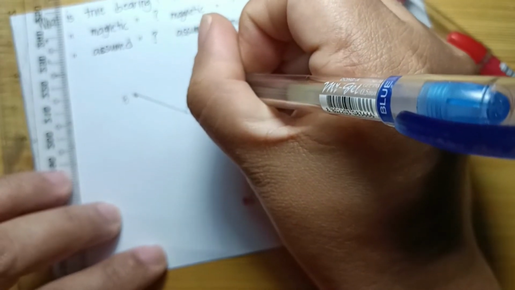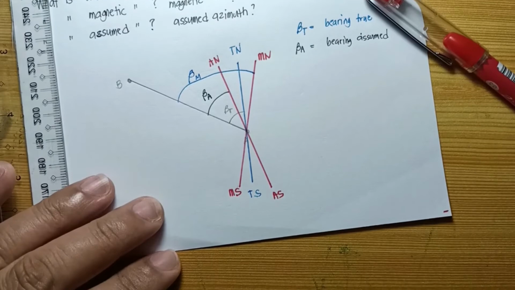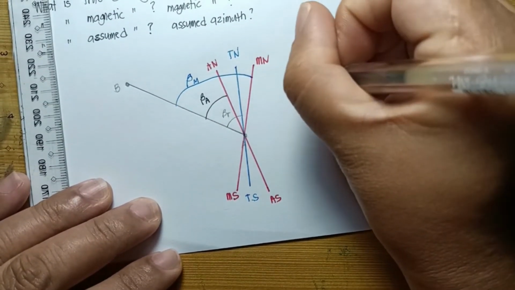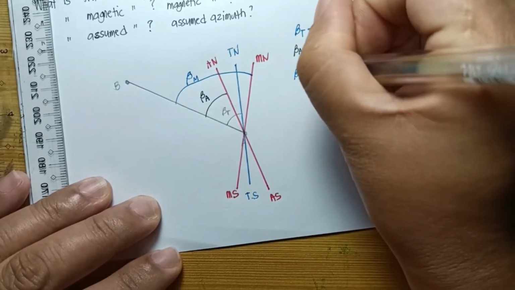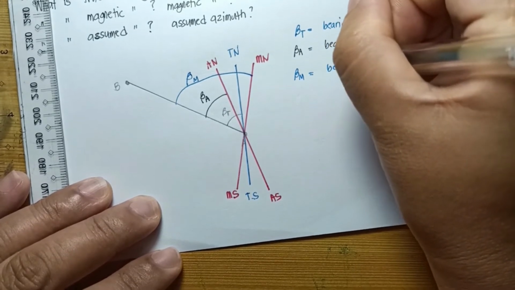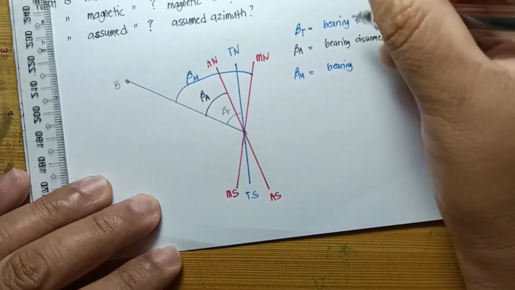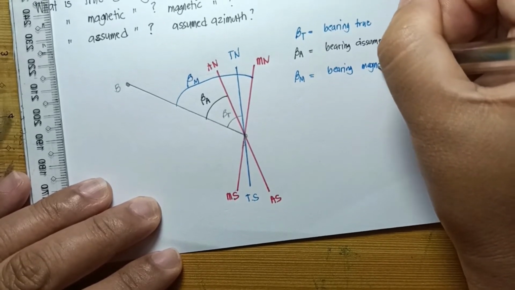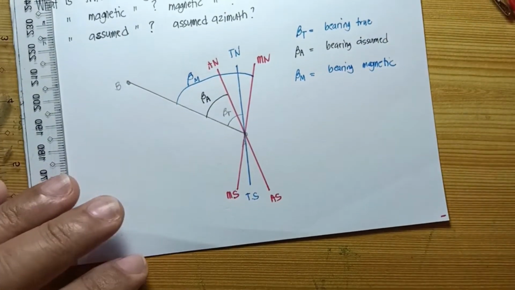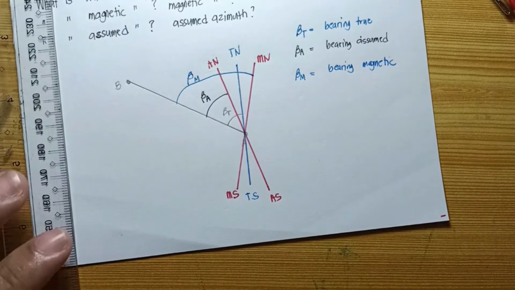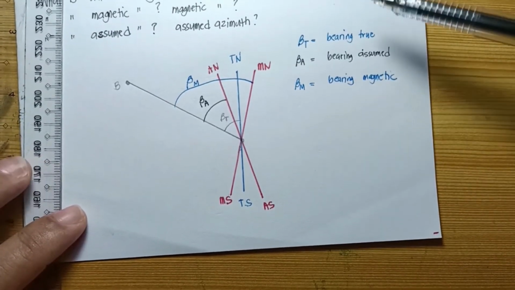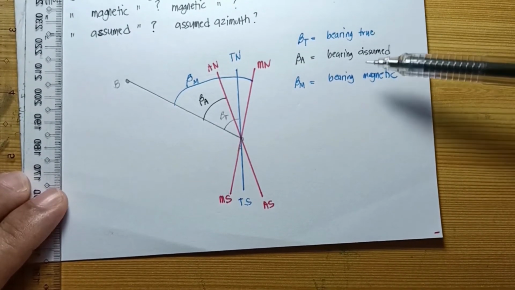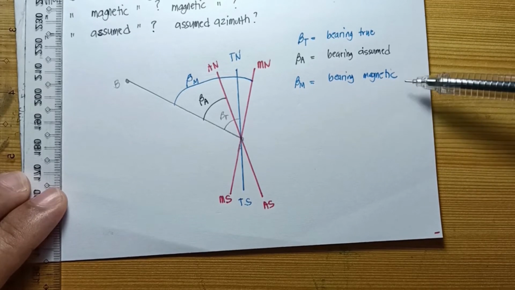I will call it B sub M. To emphasize, B sub M is the magnetic bearing of the line, or just a shortcut, bearing magnetic. So we were able to define the difference between true bearing, assumed bearing, and magnetic bearing.